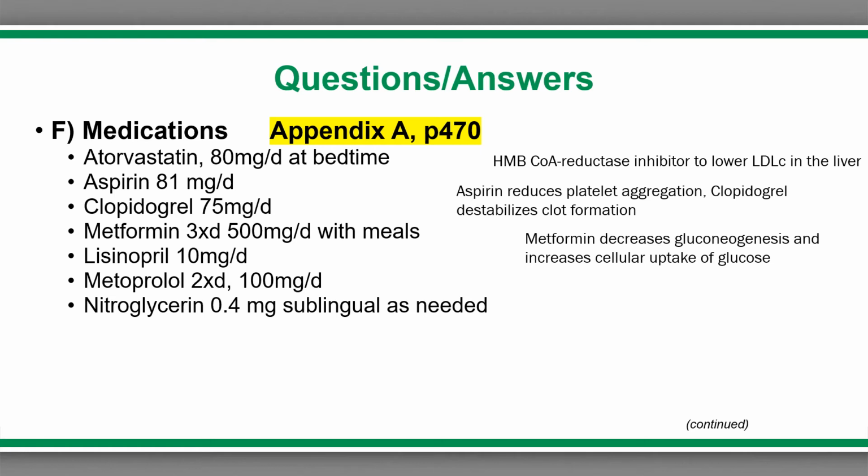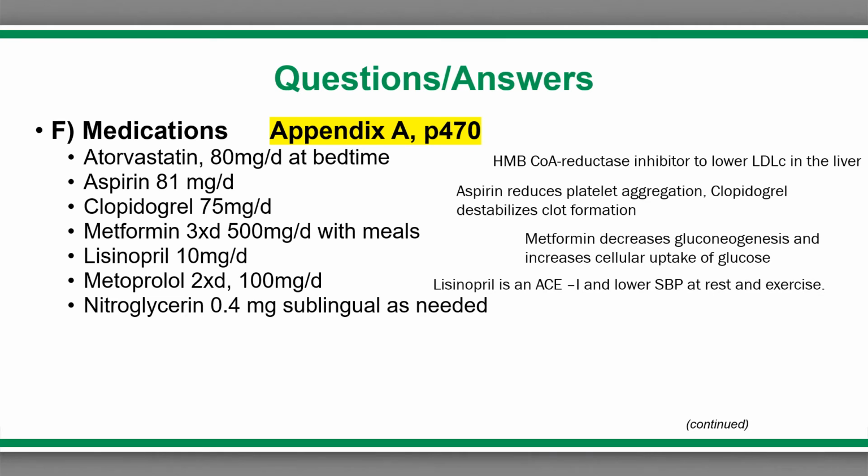But what that does is it works at the liver. It decreases the production of new glucose and increases glucose uptake, so it keeps your blood glucose level low or helps to regulate it.